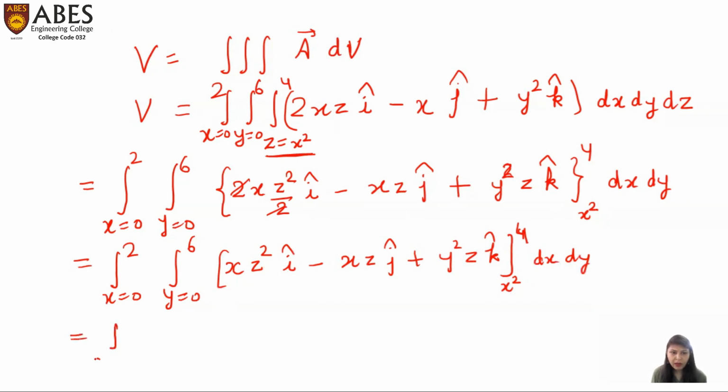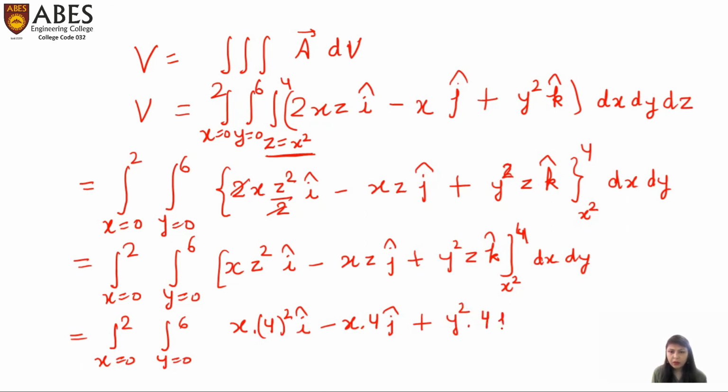So we put z equals 4: 4 square into i cap minus x into 4 into j cap plus y square into 4.